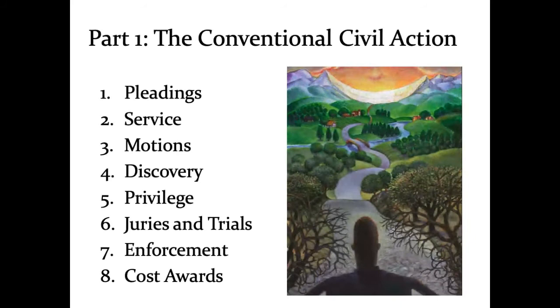Okay, so this is the conventional civil action. I use this image of this person sitting down this mysterious and kind of dangerous winding road to represent what the conventional civil action feels like to the people who walk this road.